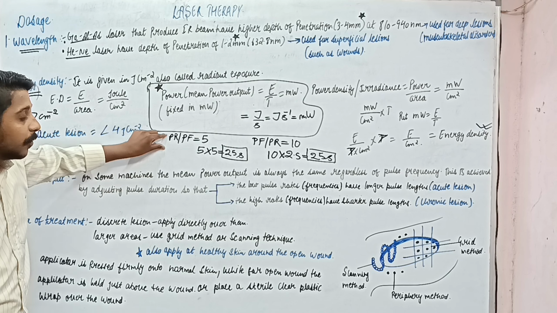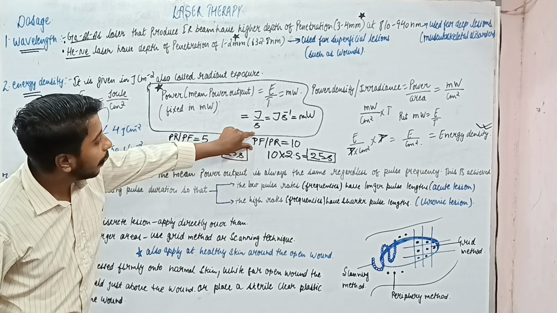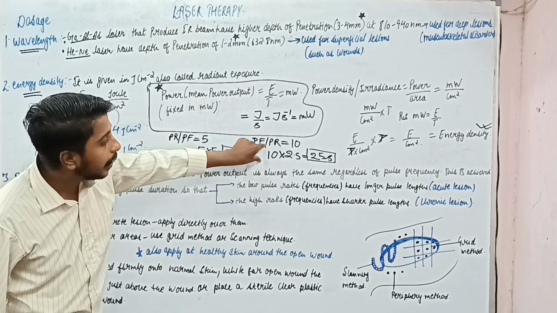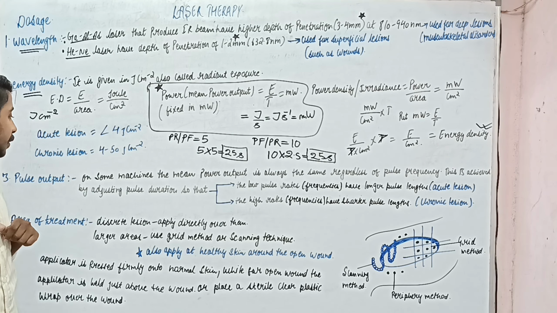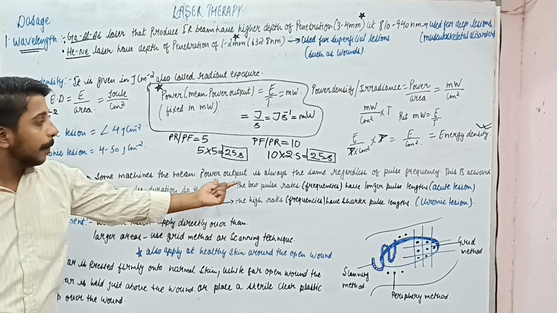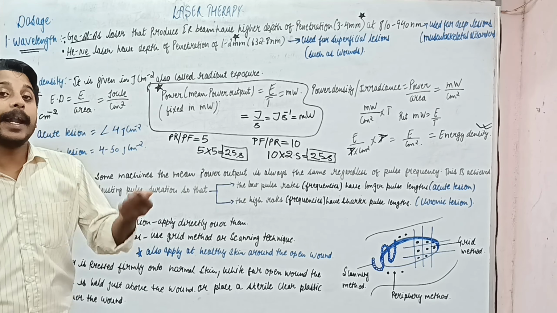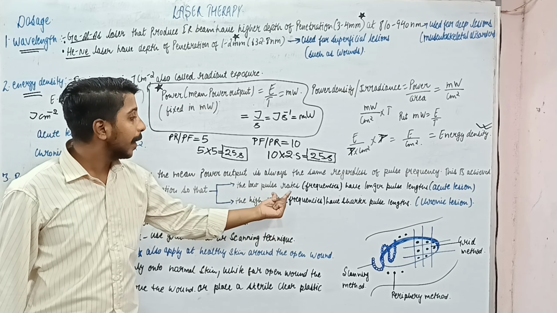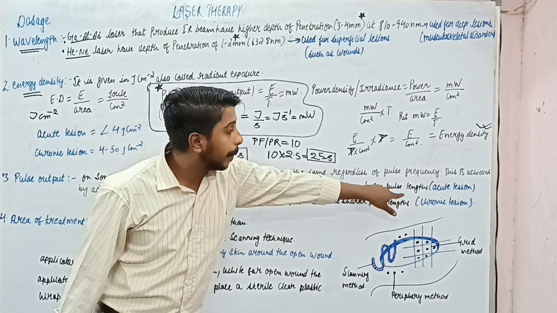So when the pulse frequency is low, duration will become high, but when the pulse frequency is high, duration becomes low. Okay, so that is what I have written. Let's read. In some machines, the mean power output is the same regardless of frequency. And how is this achieved? Low pulse rate or frequency have long pulse length.